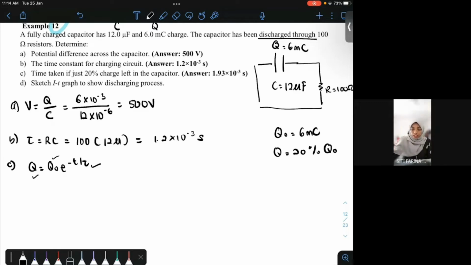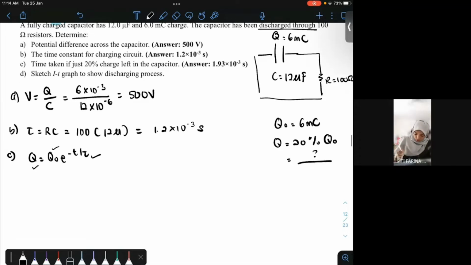You can find its value, or if you don't want to, you can also use this method. If the maximum charge is Q0, whatever remains is 0.2 of Q0. 20% is 0.2. So what remains now is 0.2 of the original value. You can also substitute Q0 as 6 millicoulomb to get the value. No problem.